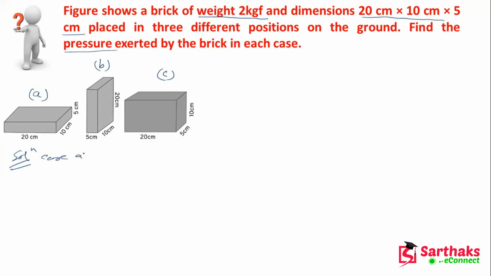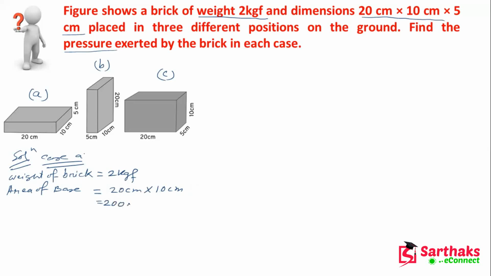For case A. Okay. So here weight of brick equals 2 kgf, right? And area of base, how much for the case A? That is 20 centimeter into 10 centimeter. So that will be 200 centimeter square.